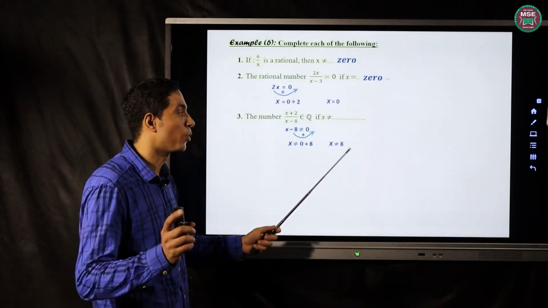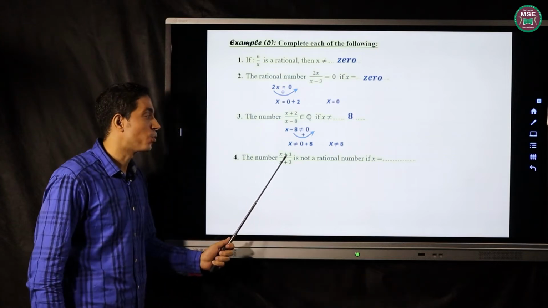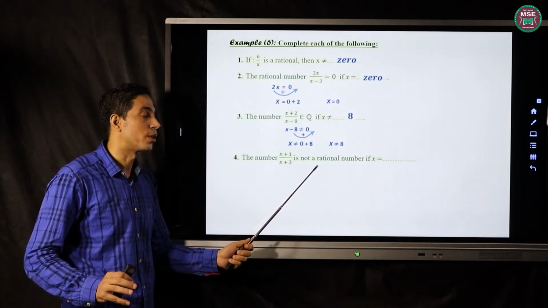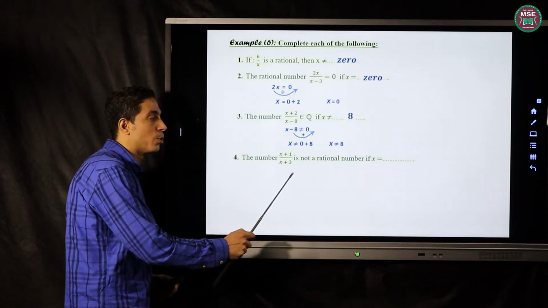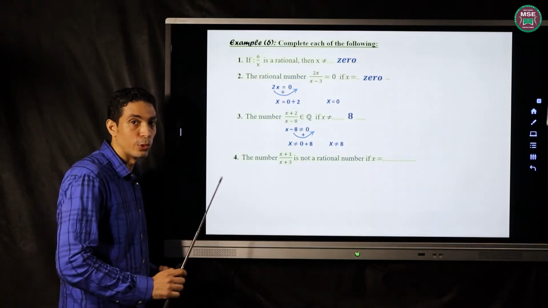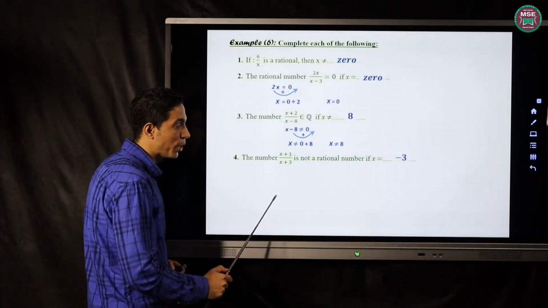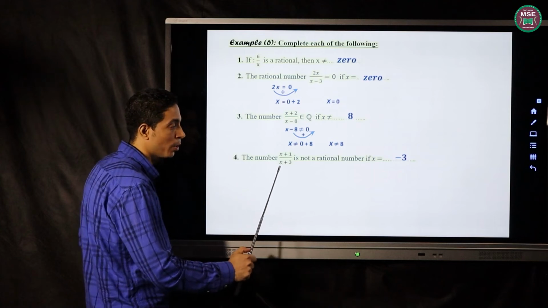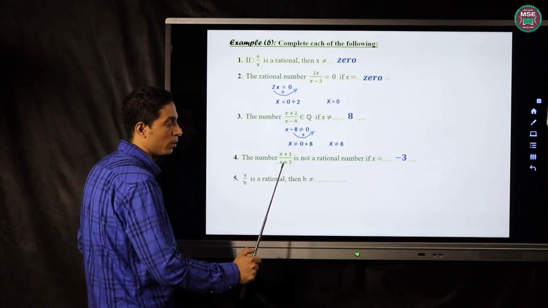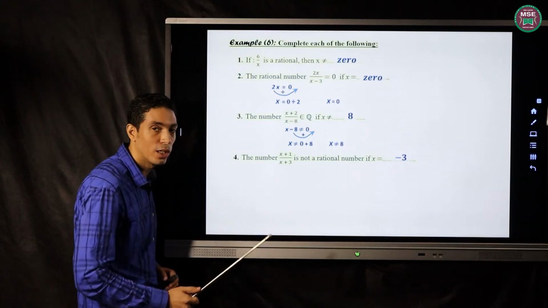Then x must be not equal to 8. Number 4: the number (x plus 1) over (x plus 3) is not a rational number. Because it is not rational, the denominator must be equal to 0, because it doesn't belong to the set of rational numbers. Then x plus 3 must equal 0, which means that x equals negative 3, because negative 3 plus 3 equals 0.